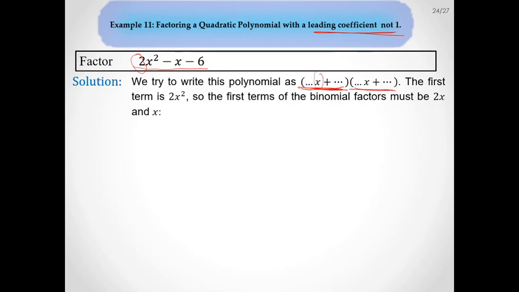So there will be x in each, and when we multiply them, we will get 2x squared. So the best two choices are 2x and x. If you write 2x plus something and x plus something, then when we multiply them, we will get this 2x squared.